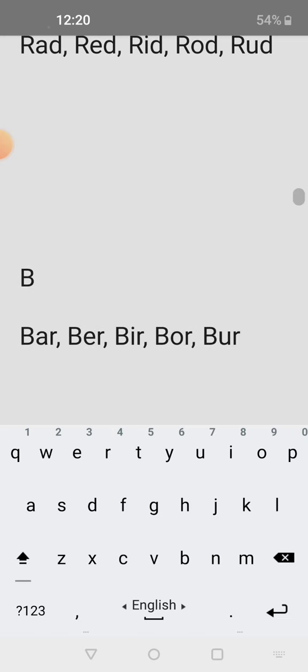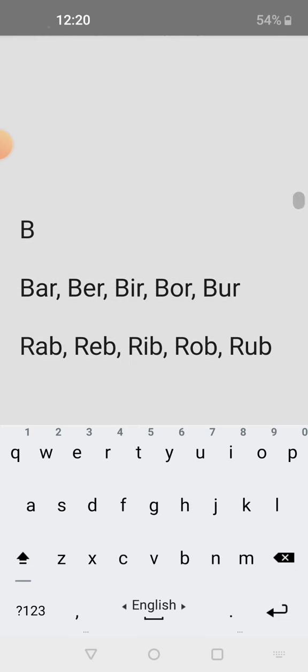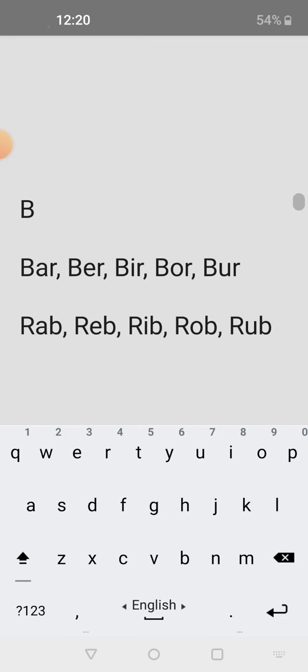Now B: ba, ba. In this language, D and B are both equally hard sounds. There's bar, bear, beer, boar, boor, and rob, reb, reeb, robe, rube.